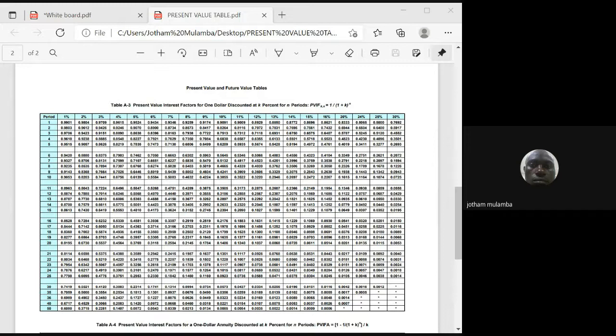So we still do 1 divide by, open the bracket, 1 plus 0.19, close the bracket, power 2. Power 2. What's the answer?